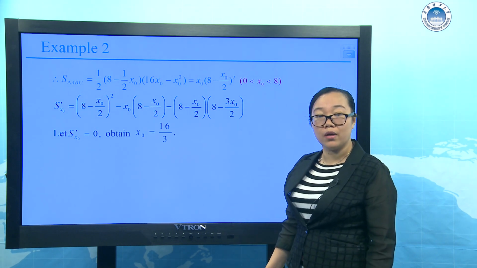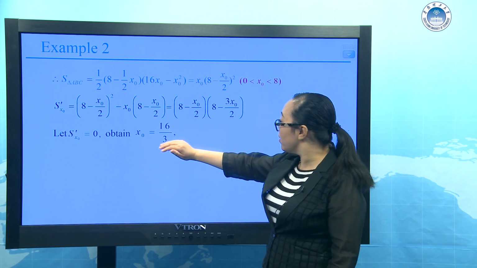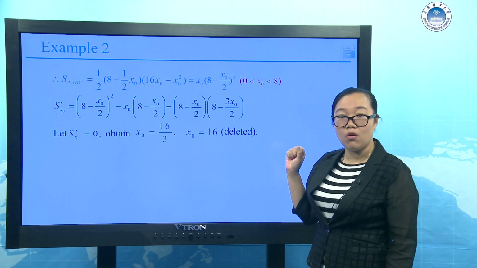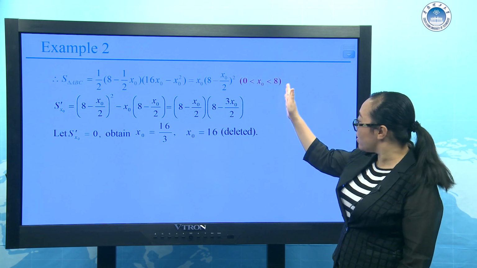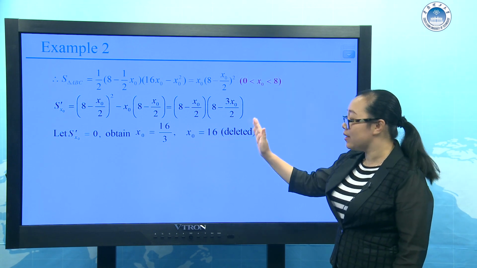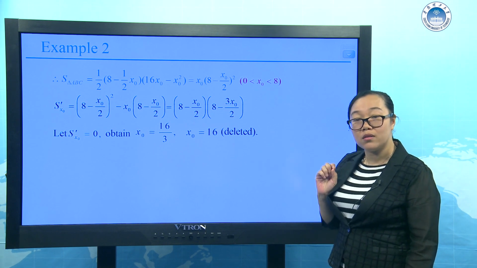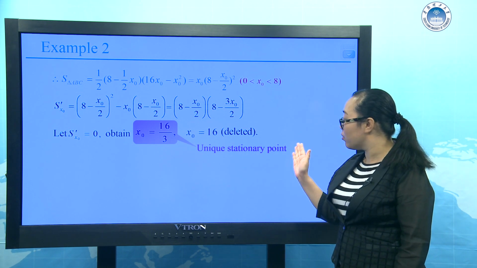So we can obtain one point, x0 equals 16 over 3, and the other equals 16. Look at the domain, x0 between 0 and 8. So this value is deleted. There is one and only one stationary point, meaning the unique stationary point.